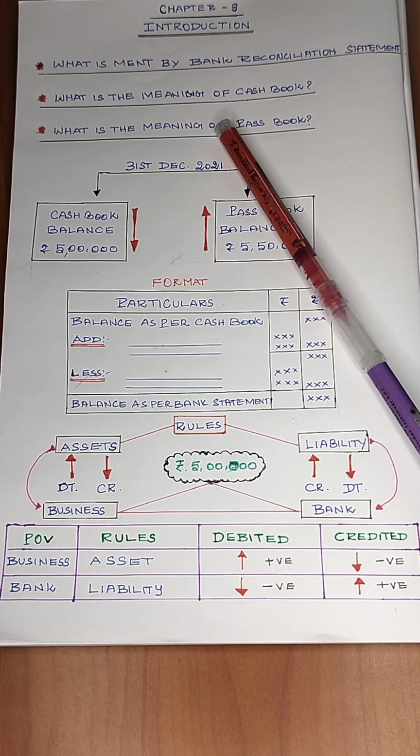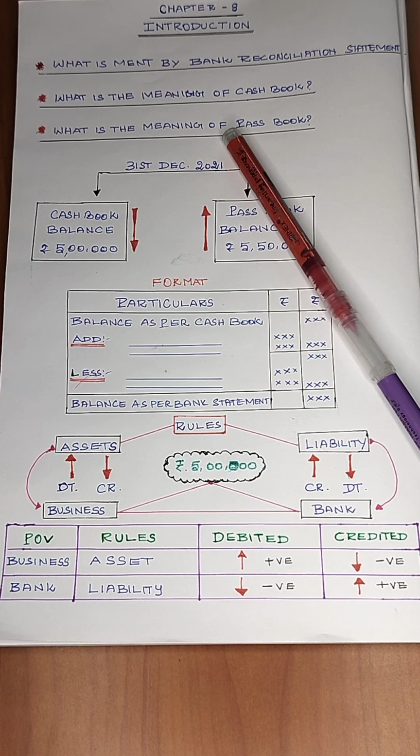But here we do not consider the discount column and cash column. We are going to consider only the bank column because we are going to prepare the bank reconciliation statement. So we are going to discuss everything related to the bank. So let's take the cash book. It is prepared by the business to keep track of the bank and cash transactions.